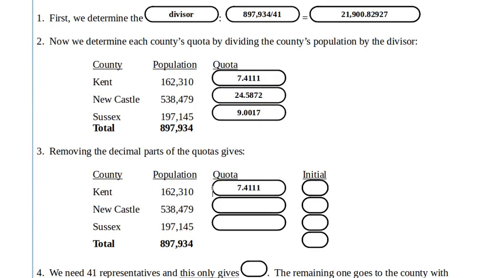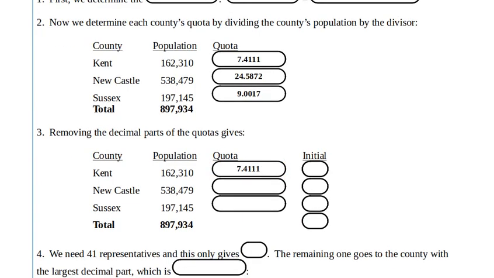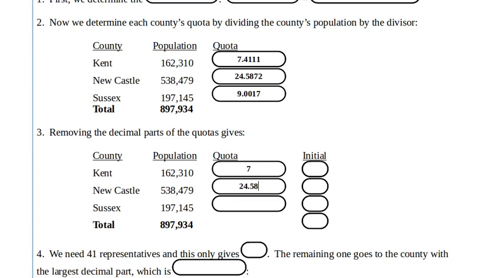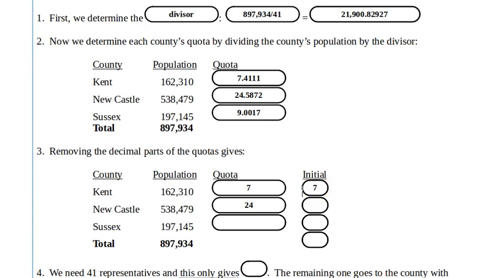That is, we simply get rid of the decimal portion. So for Kent County, 7, for Newcastle County, 24, and so on. So this is when we simply truncate them. We already know those decimals.